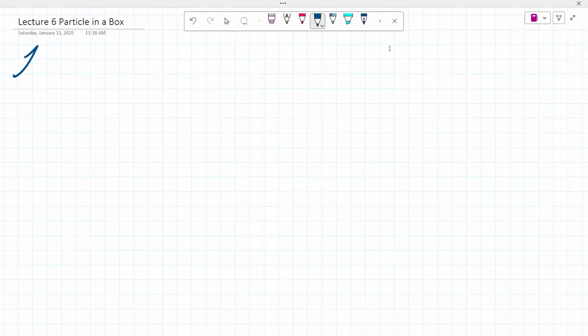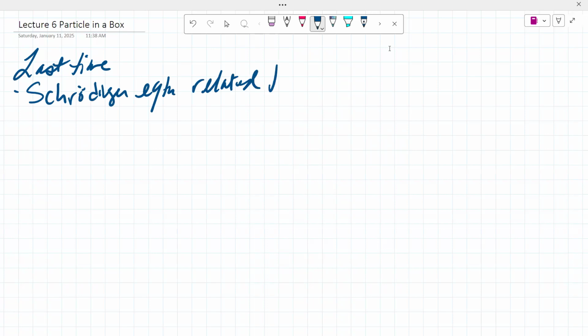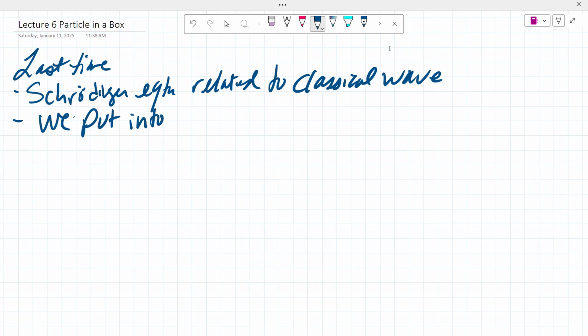So last time we discussed some important things. We had some key findings. We saw that the Schrodinger equation is related to the classical wave equation, and in fact, we talked about how it could be derived from that. We put it into the operator format because that's how we're going to need to solve this.